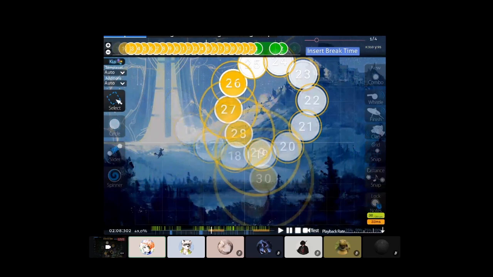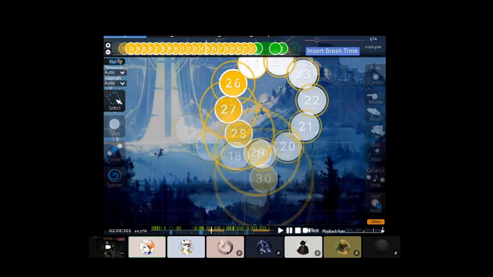So it's relevant to bring up a distinction that you might hear about as a tournament player, which is the distinction between snap aim and flow aim. Snap aim, or snapping, is what we talked about earlier, where you move from one object and apply force in the other direction to hit it more accurately.